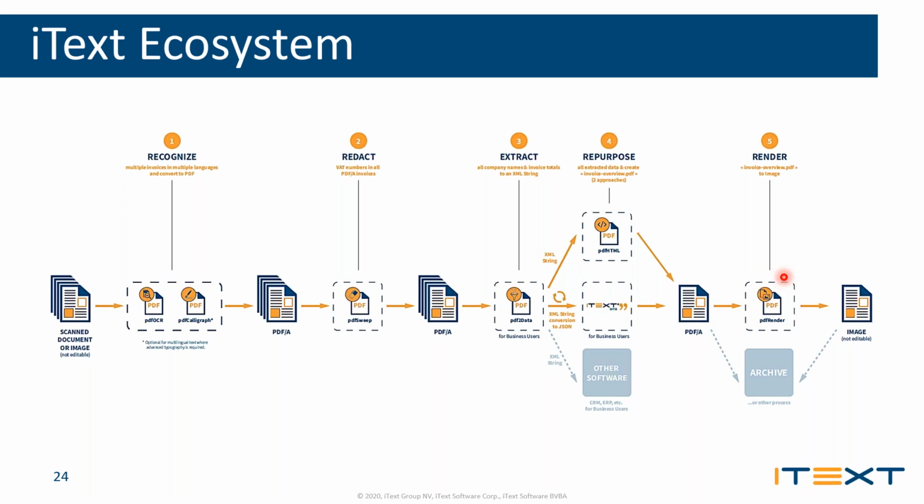We are actually in the process of creating an entry in our knowledge base to show how you can use PDF render in C#. We already have some of our customers asking for it, and we provided them with a code sample. It's just a matter of making it public.